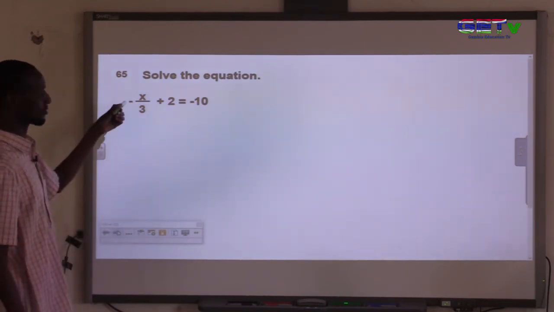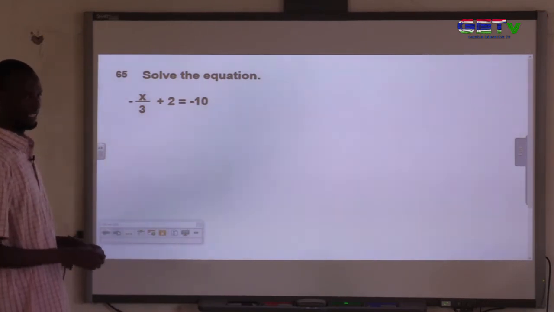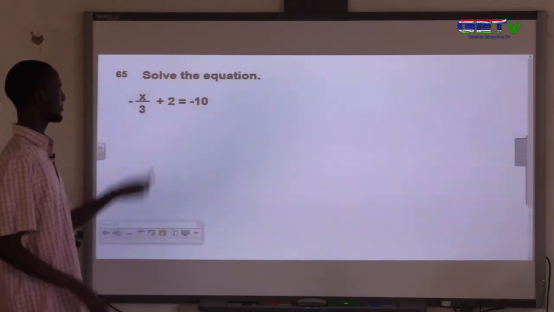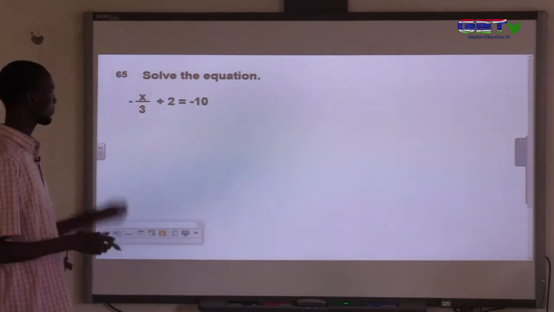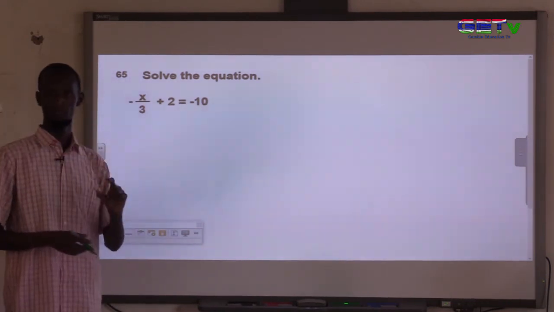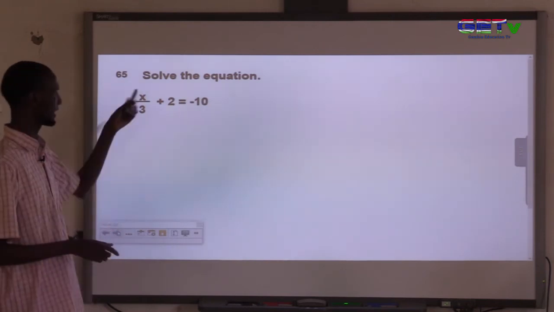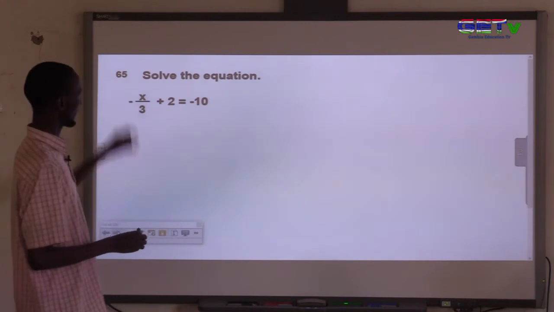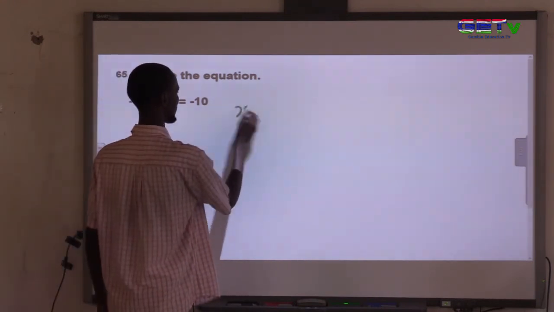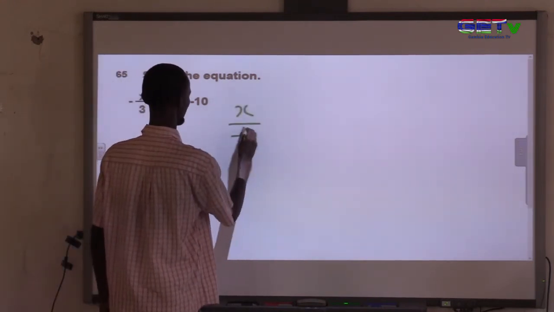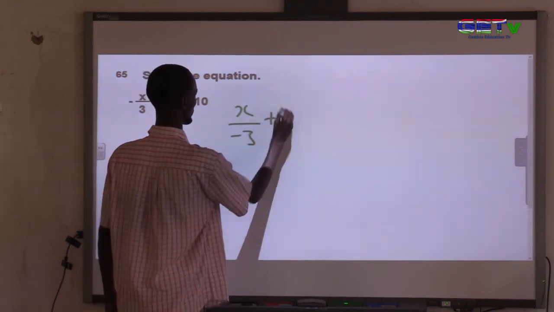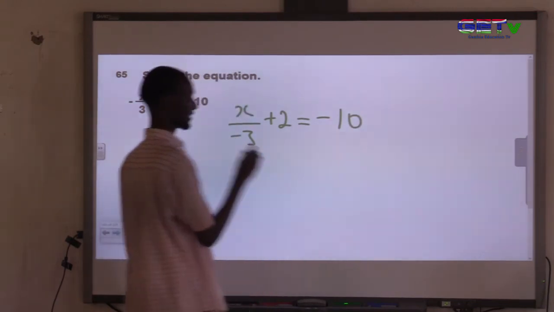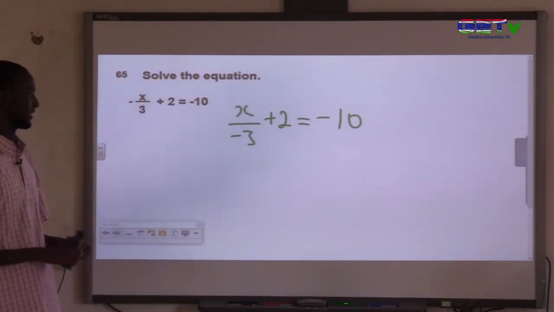Since there is only one negative there, it is either assigned to the variable x or assigned to the 3. But we said to avoid having a negative variable, it is advisable that we assign the negative here to the 3. That makes it easier to work with. So therefore, we can write this as x over negative 3 plus 2 is equal to negative 10. That makes life a lot easier.